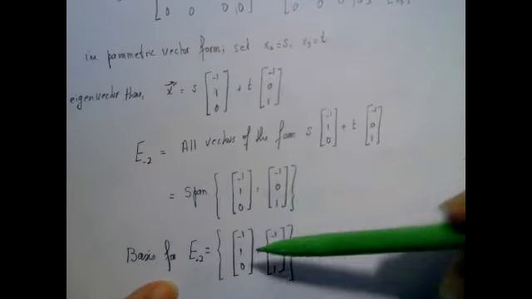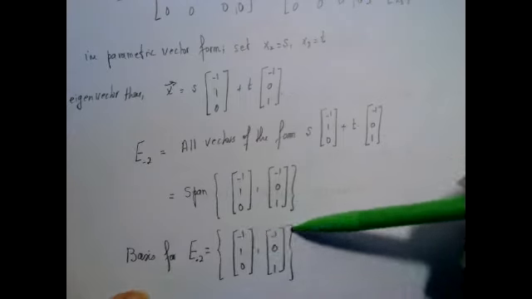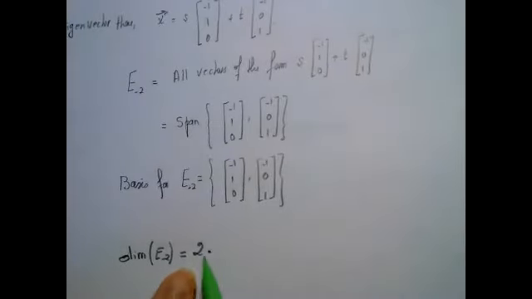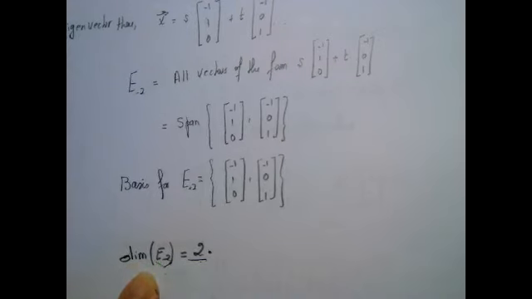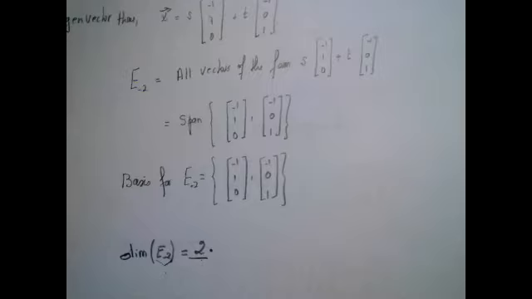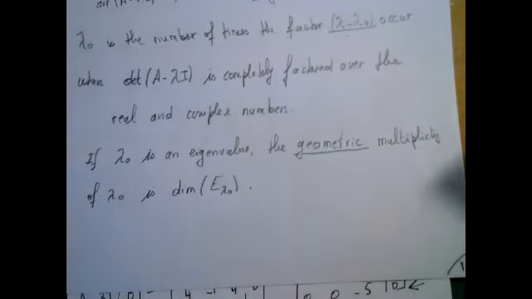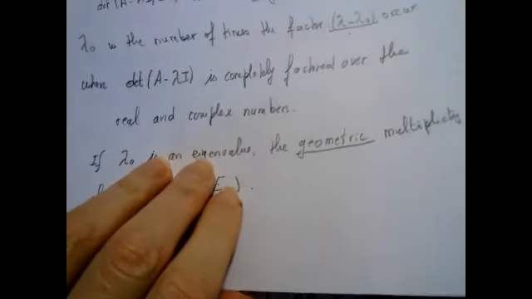So the basis here consists of two vectors, which means the dimension, the number of vectors in a basis, is equal to 2. This is called the geometric multiplicity of lambda equal -2. So the geometric multiplicity is the number of vectors in the basis of the eigenspace that corresponds to it. For lambda equal 3, the geometric multiplicity is actually only equal to 1.